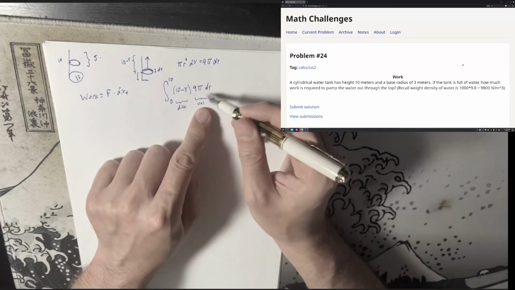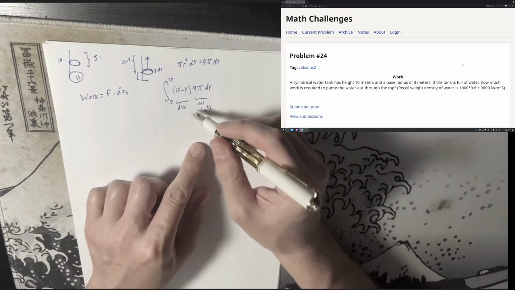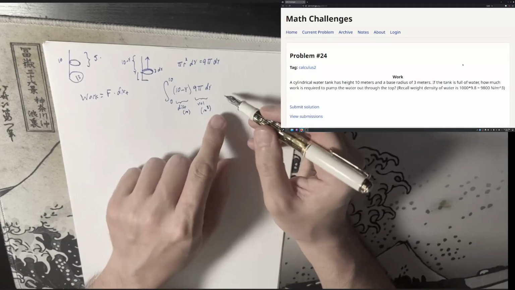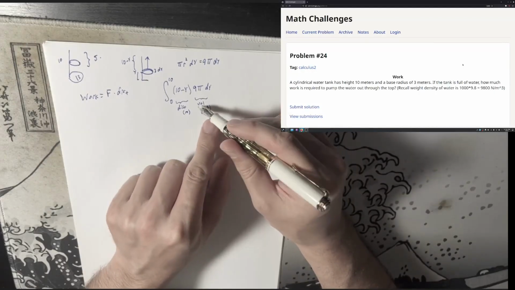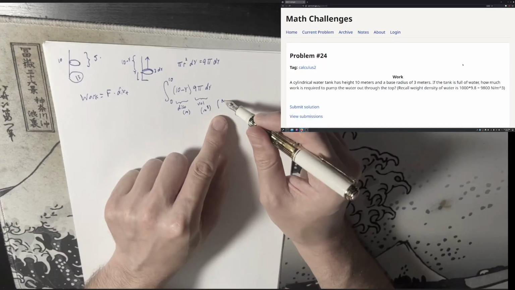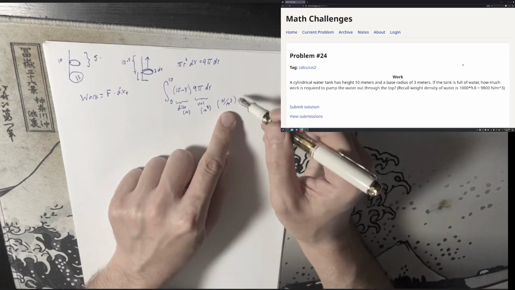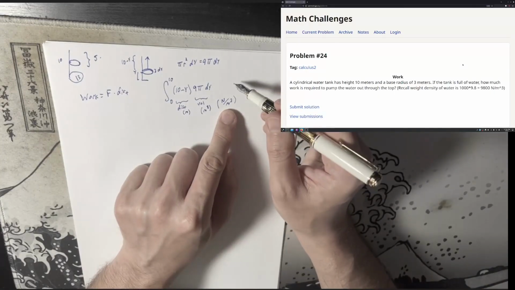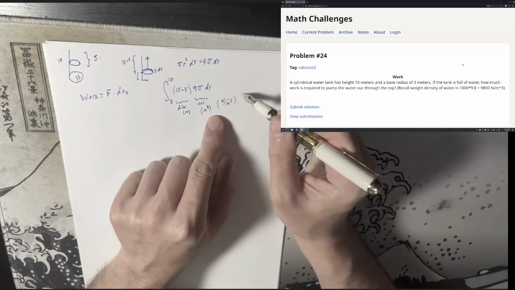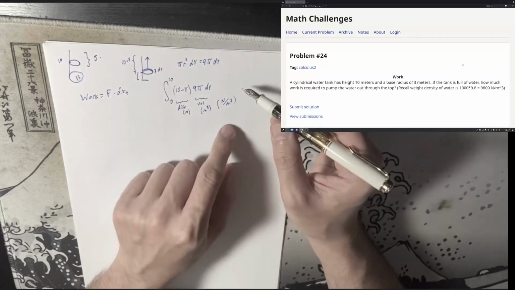This is in cubic meters. And so I need to turn this into a force. So there should be some other term here which turns this stuff into newtons so that I can get newtons times meters and sum up over it.